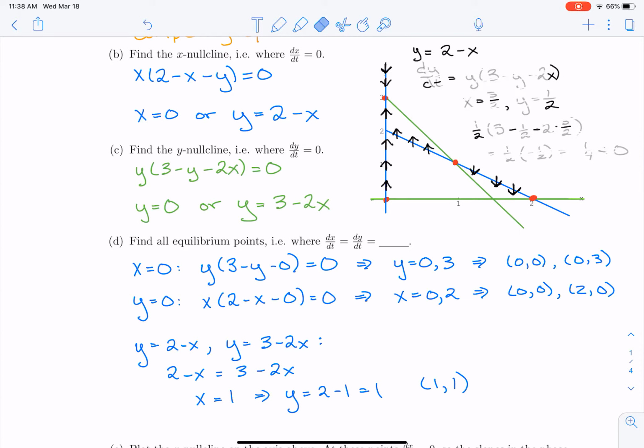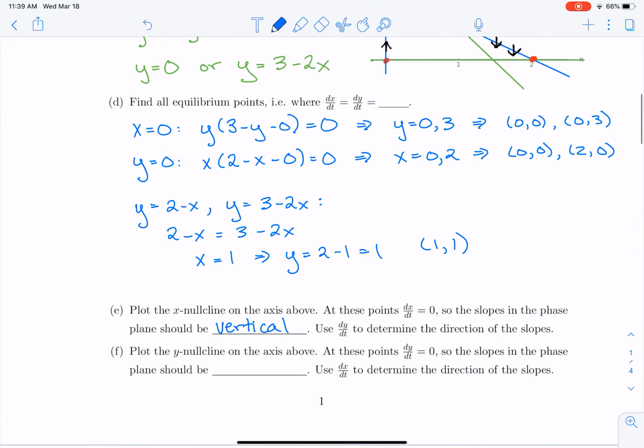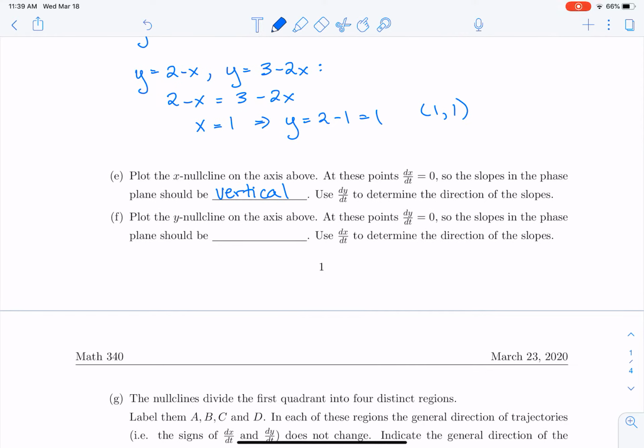Now what we want to do is turn our attention to the y nullcline. On the y nullcline, we're going to note that dy/dt is equal to 0. So there's no change in the y direction, so there's only change in the x direction. So the slopes in the phase plane should be horizontal.